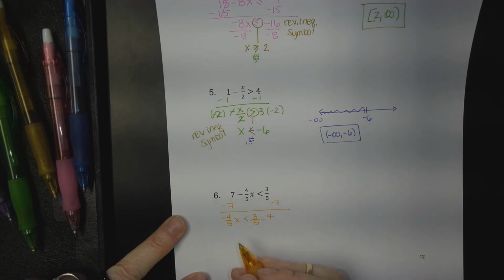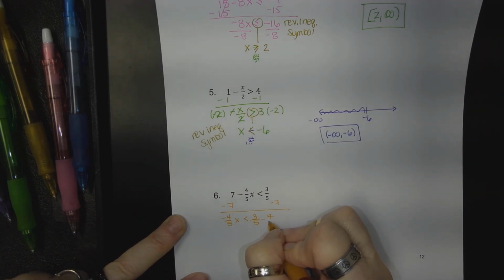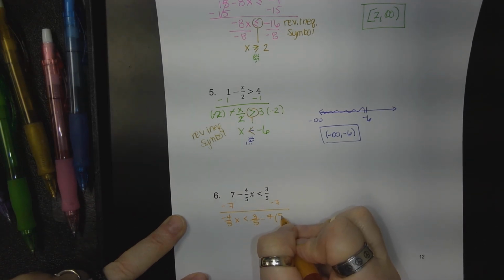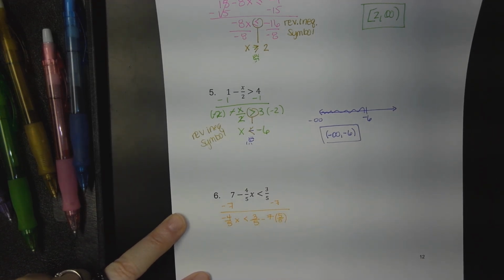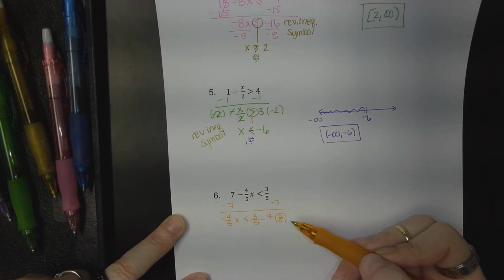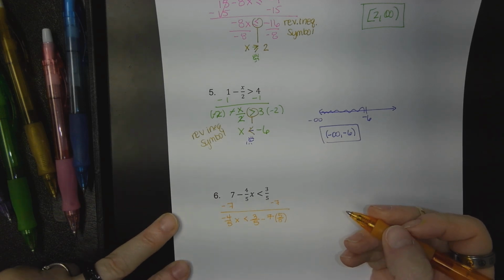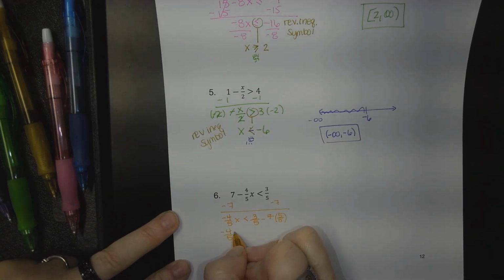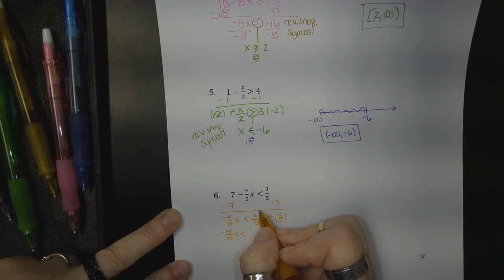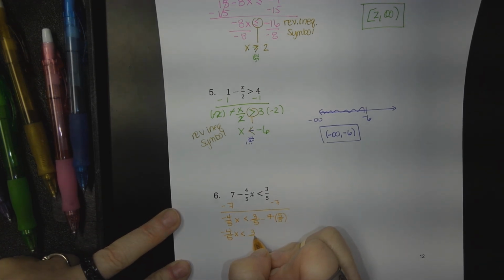So to do that, we want to multiply this by 5 over 5. And we do that because that's written in the form of 1, because anything divided by itself is 1. Okay? So this is going to be 4/5 x is less than, we just bring this down, 3/5.